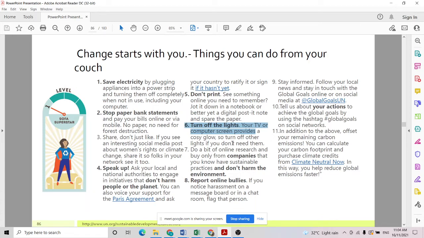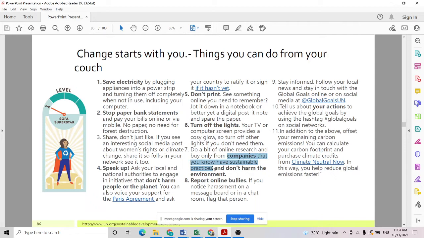Then do a bit of online research and buy only from the company that you know has sustainable practices. Support those who are supporting sustainability, which means they are promoting good sustainability.